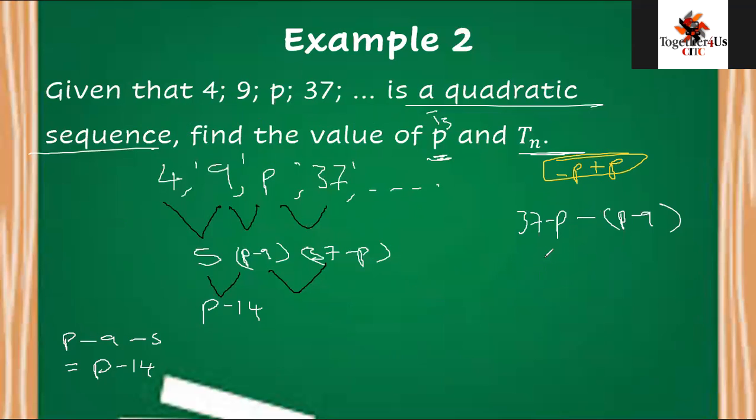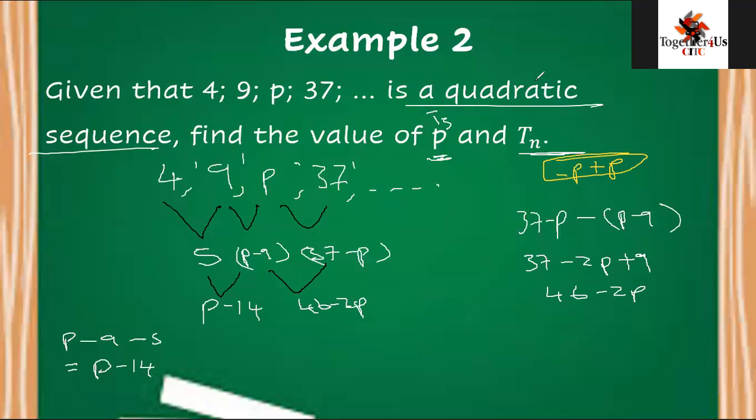You guys know what I mean, right? So this is 37 minus 2p plus 9. Pretty clear, we are going to have 46 minus 2p. So I'm going to write here 46 minus 2p. If you wrote negative 2p plus 46, that's still good.